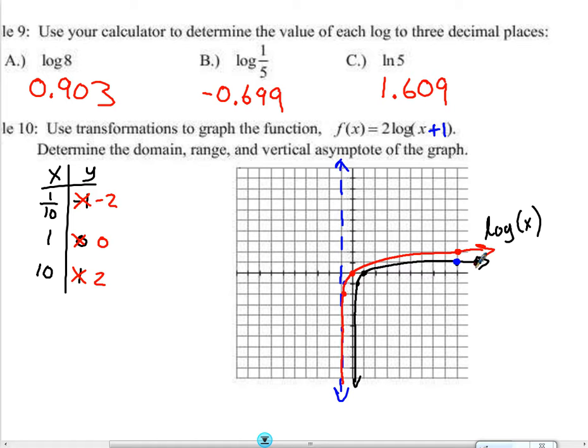If that 2 was not negative, if it was a fraction, rather than stretching it, it would shrink it.